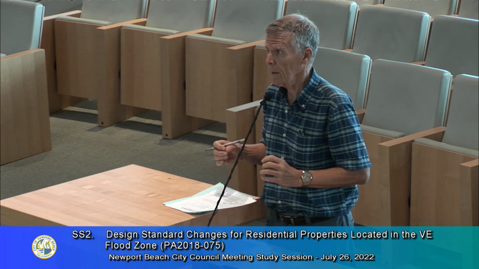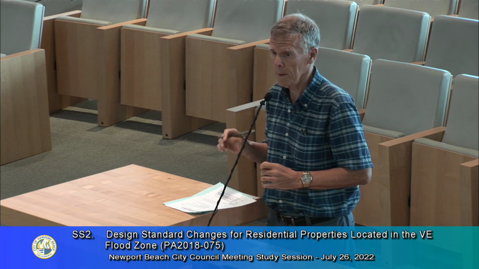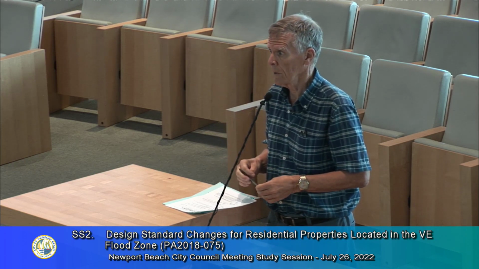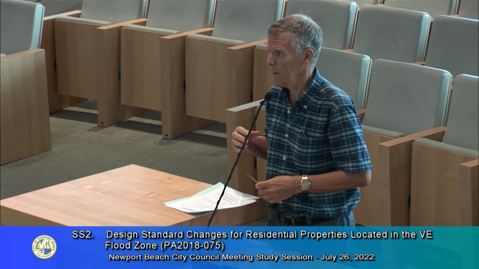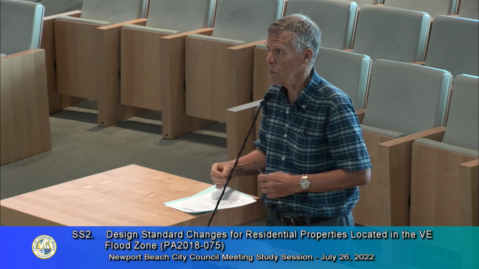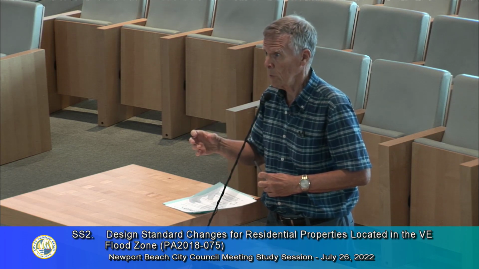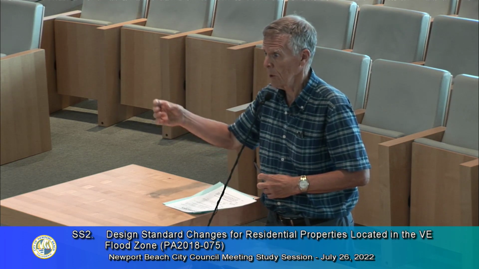As to the second row of houses question, I think as Mr. Jeanette was suggesting, FEMA seems to be operating under the belief that the intense wave action dissipates with distance from the shoreline, and apparently the first row would be much more impacted than the second or third row.